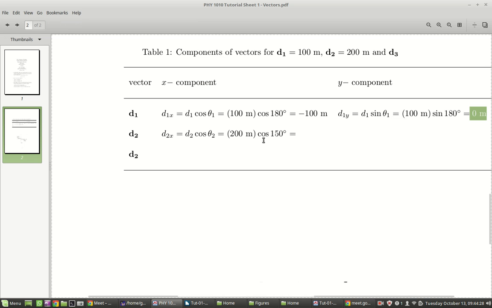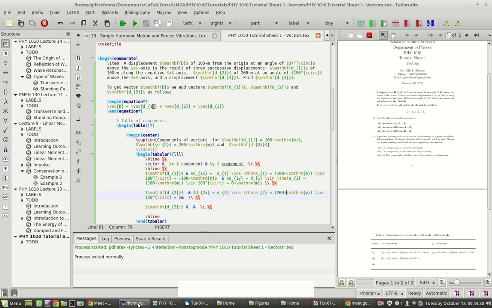There, 200 meters cos 150 degrees. And how much is that? Negative 173.21.